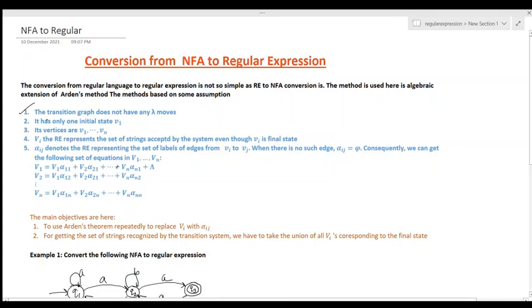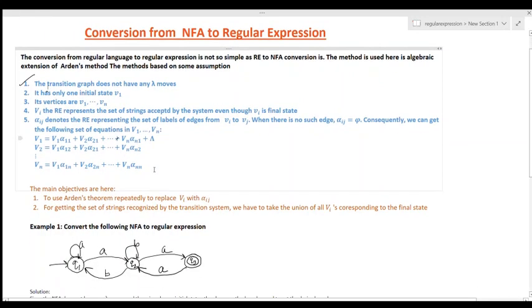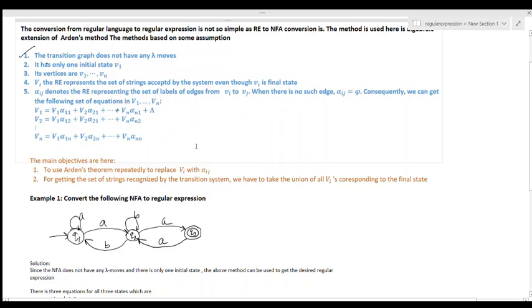Each Vi describes the corresponding state, and alpha ij is the input, the transition that comes to the corresponding state. After getting all these equations, we apply the RS method repeatedly, and finally we sum all these results to get the final regular expression.